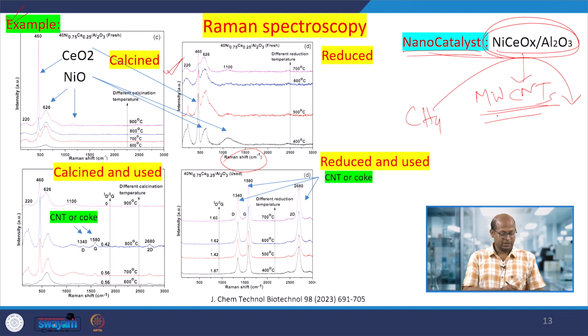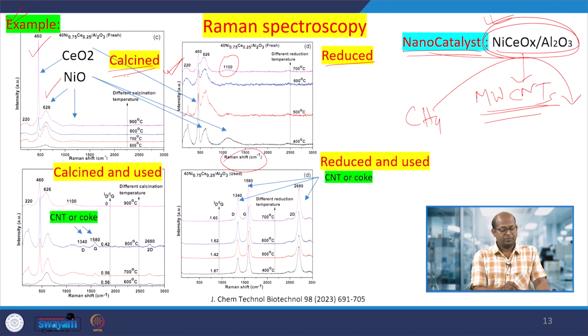You can see when the pure nano catalyst was taken, these are the Raman spectra we get, at 460 and 626, two different locations, and even 110 sometimes. So this is the reduced catalyst, and this is the calcined catalyst.